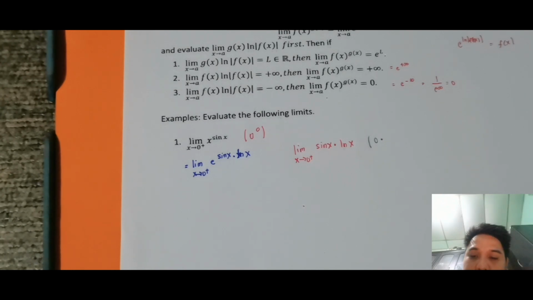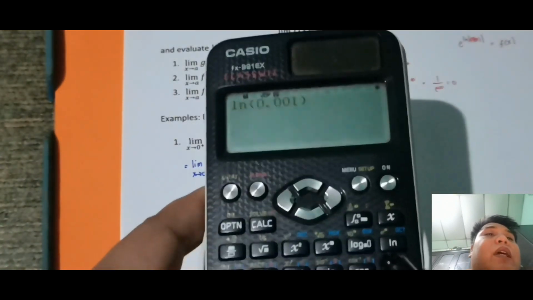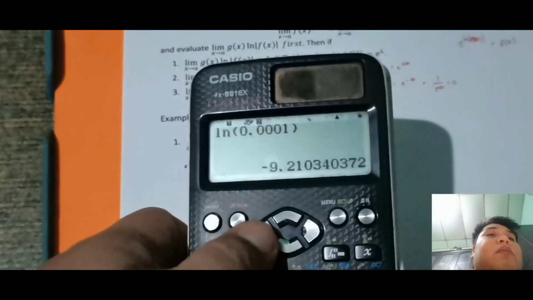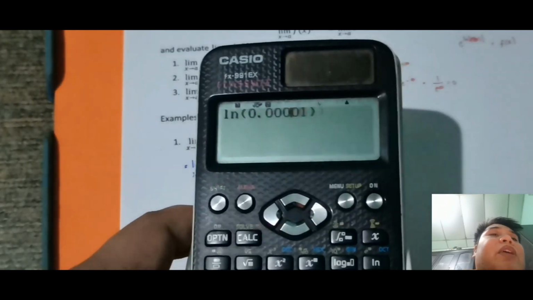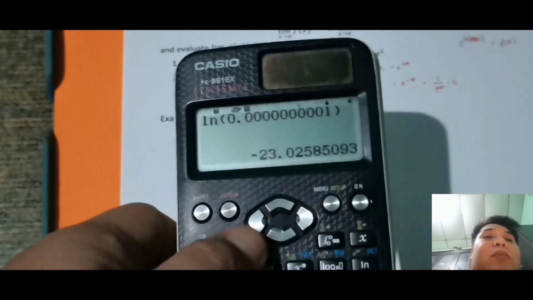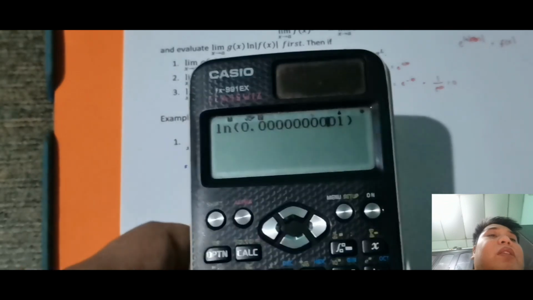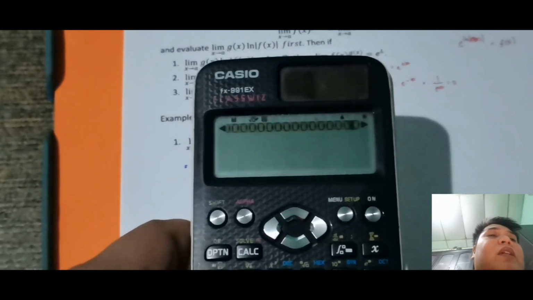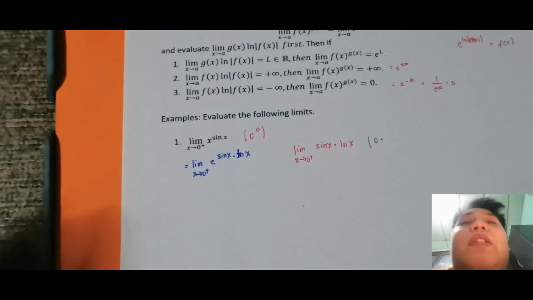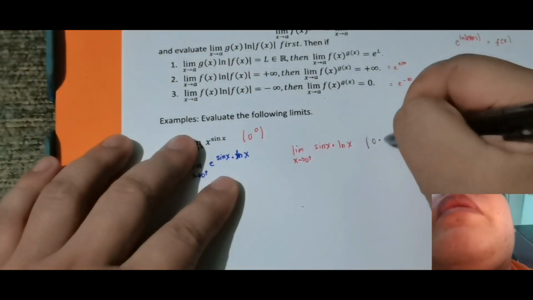So, try natin ln ng 0.001. Dagdagan ko ng another 0. Nabasa mo lumalaki yung negative. Negative 23. So, I'm assuming dagdagan ko ng dagdagan yan, assuming that is something negative infinity. So, therefore, this is negative infinity.